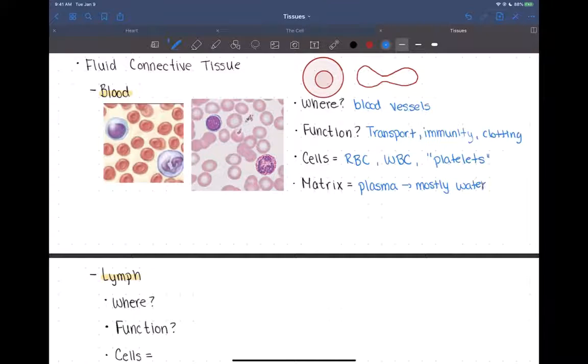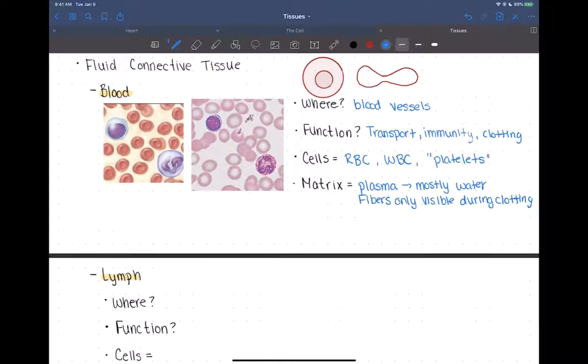Within that plasma there are some fibers, but they're only visible during clotting. So if you're looking at a microscope slide like this, you're not going to see any fibers. And you wouldn't want fibers present normally in blood because you could end up blocking up blood vessels with those fibers, and you definitely don't want that.